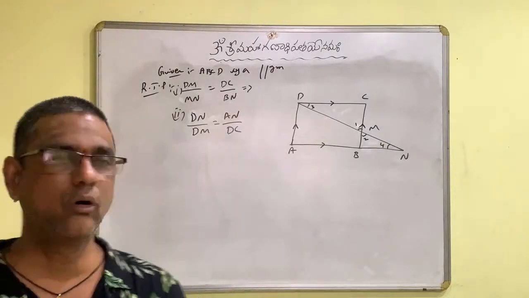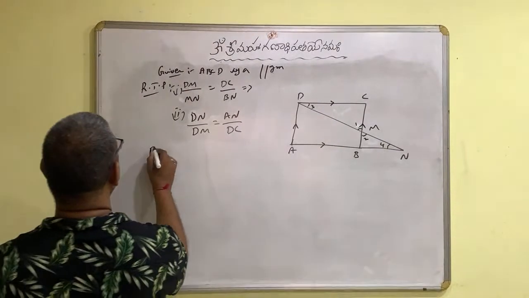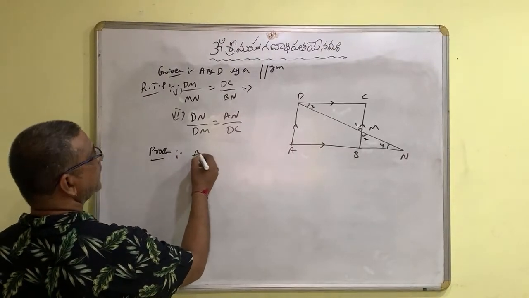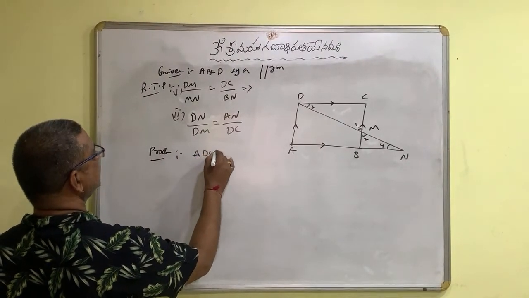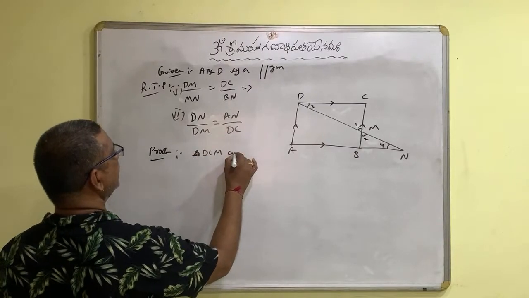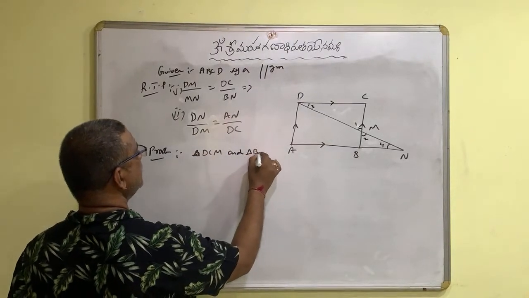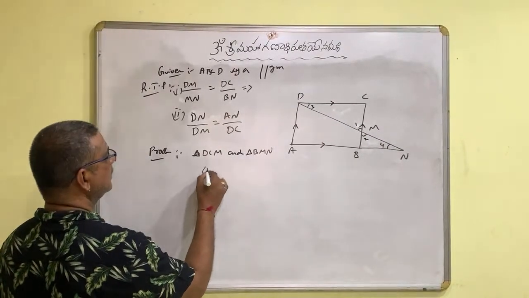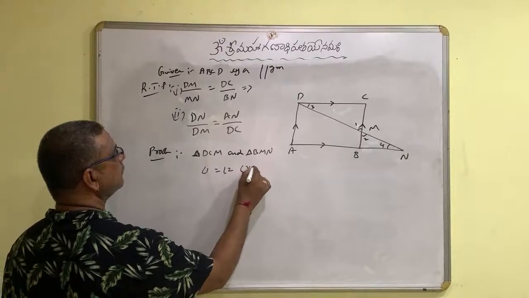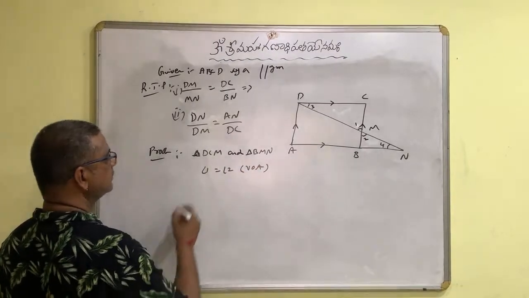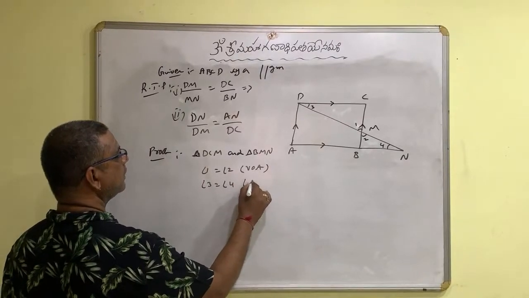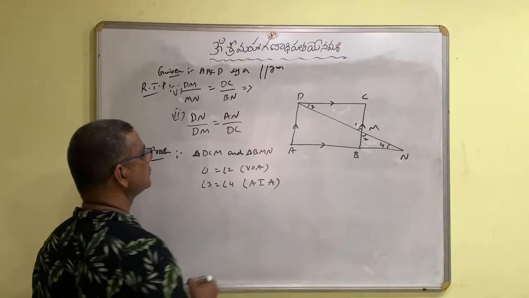Okay, so proof. Triangle DCM and triangle BMN. In these two triangles, angle 1 is equal to angle 2, vertically opposite angles. Angle 3 is equal to angle 4, alternate interior angles.